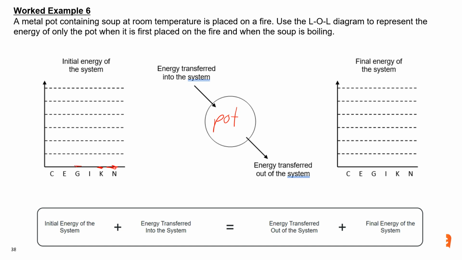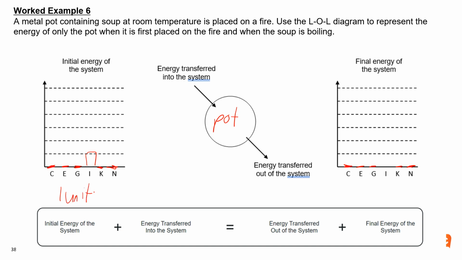It is not being stretched or compressed, and we're not raising or lowering it, so I'm going to put 0 for all of these. And are there any chemical changes in the soup when it's boiling? No, so chemical potential is also going to be 0. Now in the internal energy, at first it's at room temperature, so we just put 1 unit.